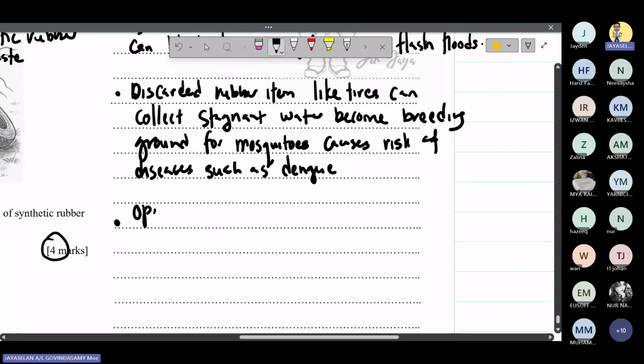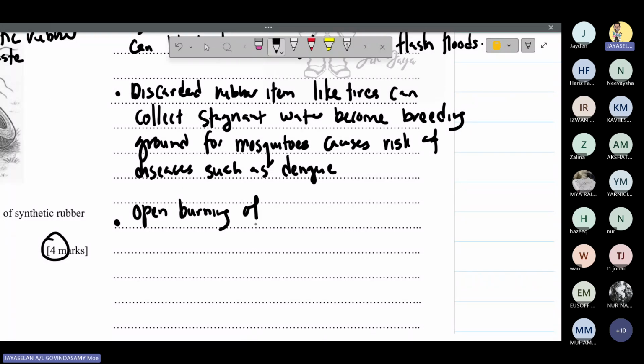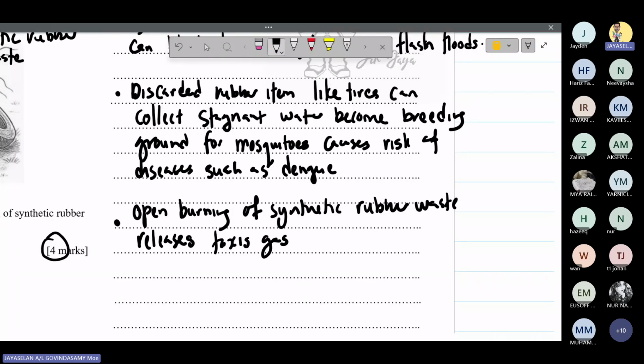One more, you can put like this: open burning of synthetic rubber waste. Rubber waste will release toxic gases. So I put here toxic gases like nitrogen dioxide, sulfur dioxide, carbon monoxide, all that.